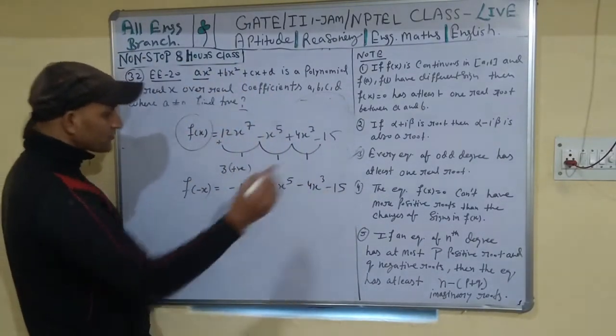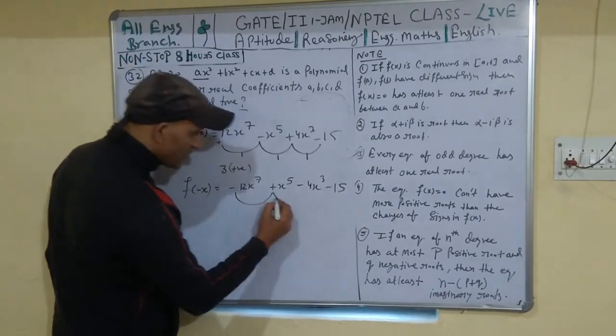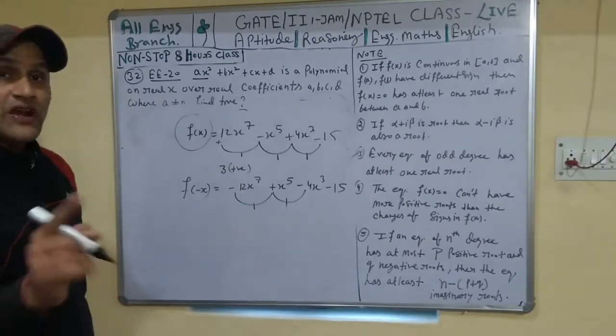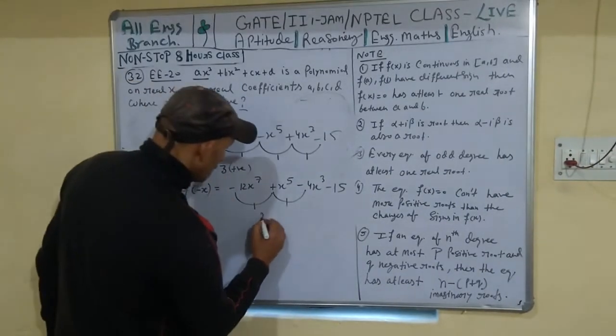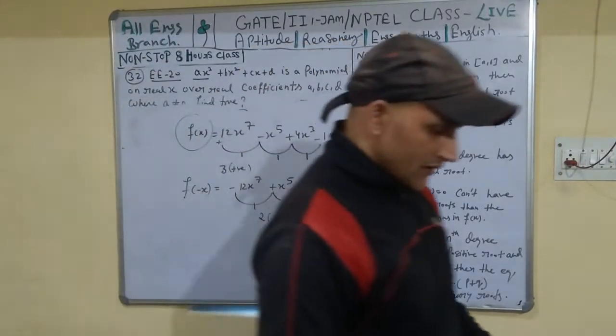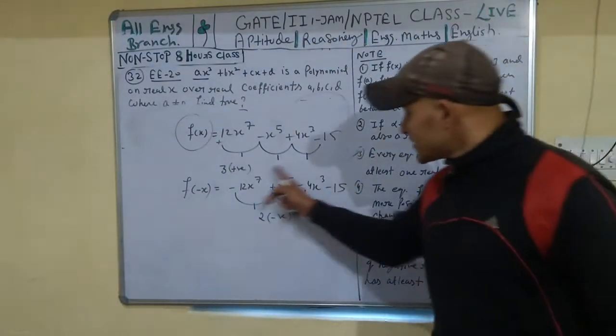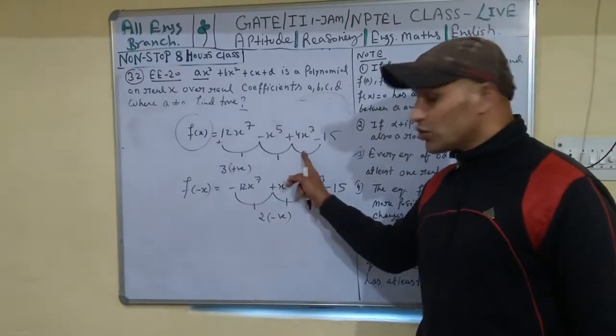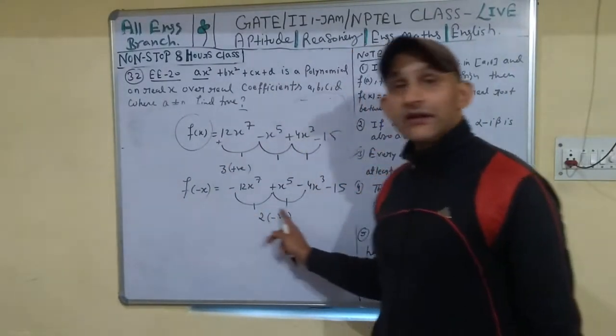So how many change of sign? One change of sign and one change of sign. So there are a total number of 2 change of sign for negative roots. So you will write 3 change of sign for the positive, so there are at most 3 positive roots, and at most 2 negative roots.